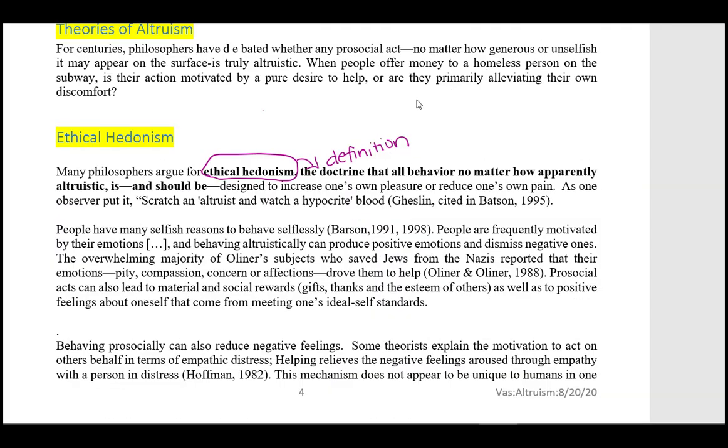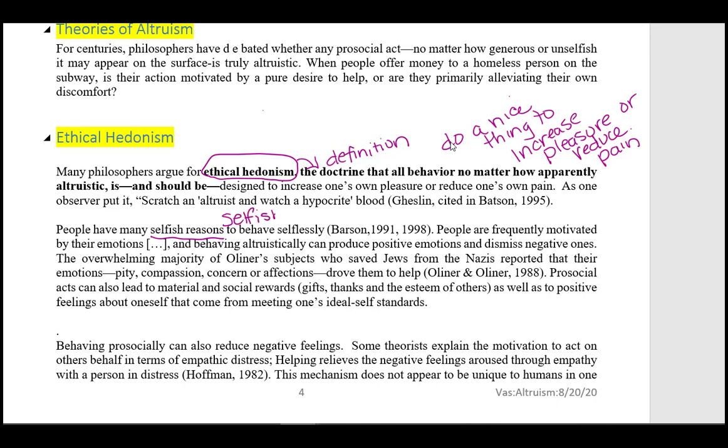So what ethical hedonism is, is when you do a nice thing to increase pleasure or reduce pain. Okay, so in my annotations, I wrote down the definition. "People who have many selfish reasons to behave selflessly." So again, they're talking about how people have selfish reasons. So they're being selfish. I'm going to write that down.